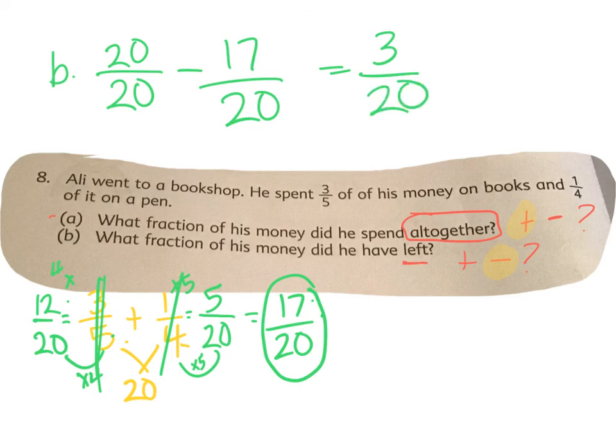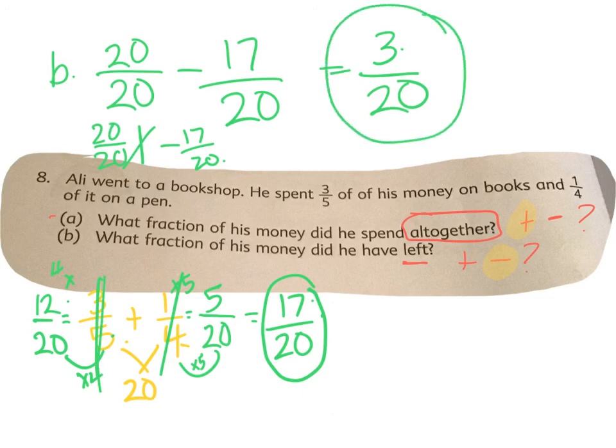He has 3/20 left over. That's a little more complicating. One whole, 1 minus 17/20. And then you want to change that to a fraction, a whole. Just look at the denominator over here, and it's all of them. 20/20 minus 17. Does 3 go into 20 evenly? No. So that is the final answer.